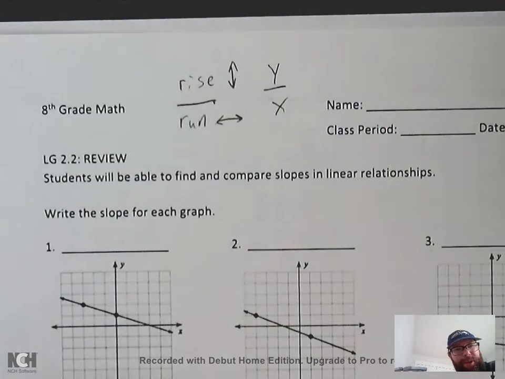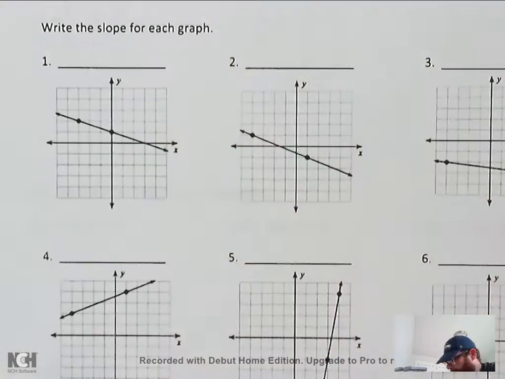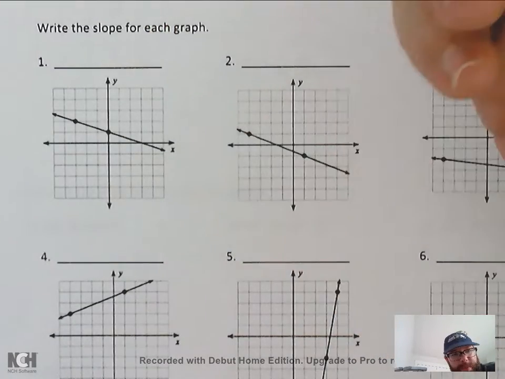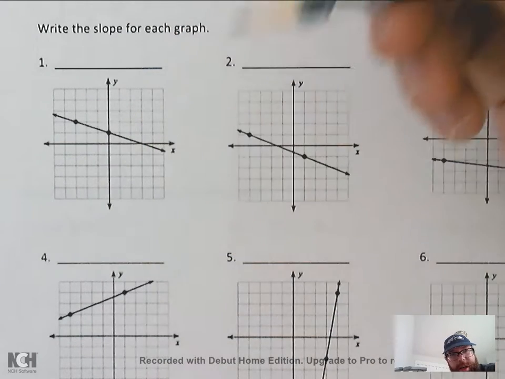Okay, so let's go through some examples. I'm going to go through this pretty quickly. This is pretty much just what your test is going to look like, right? So the first section on your test is finding the slope from a graph. So we're going to have 2 points already given to us. If there weren't points there, you just look for where the line is hitting an intersection on the grid.